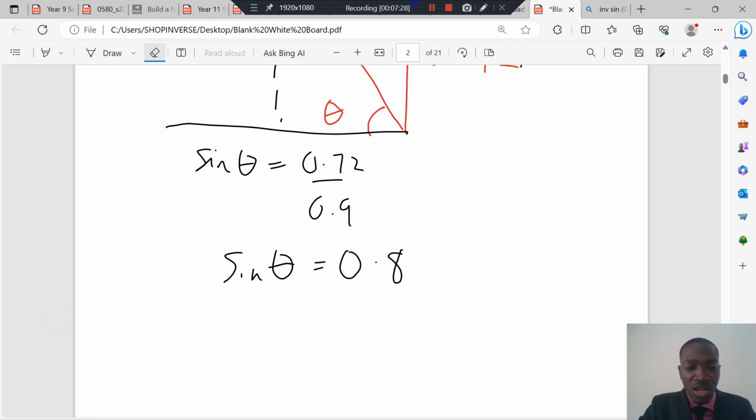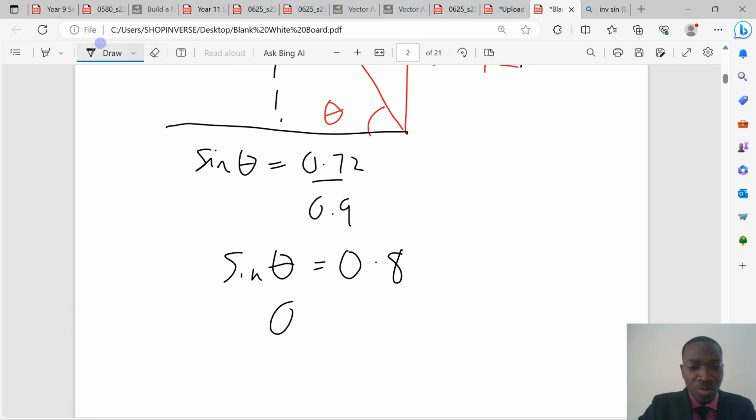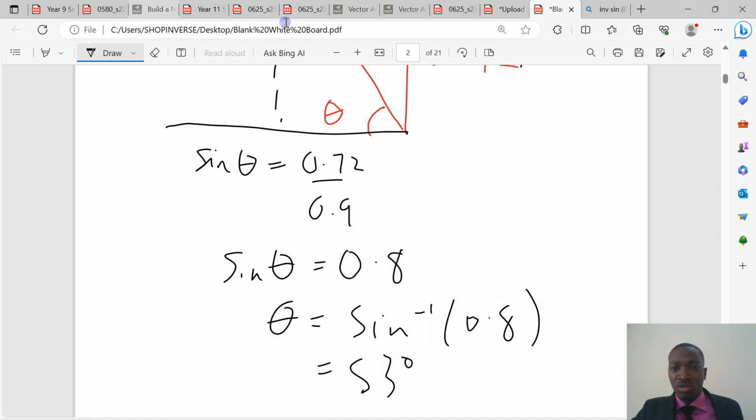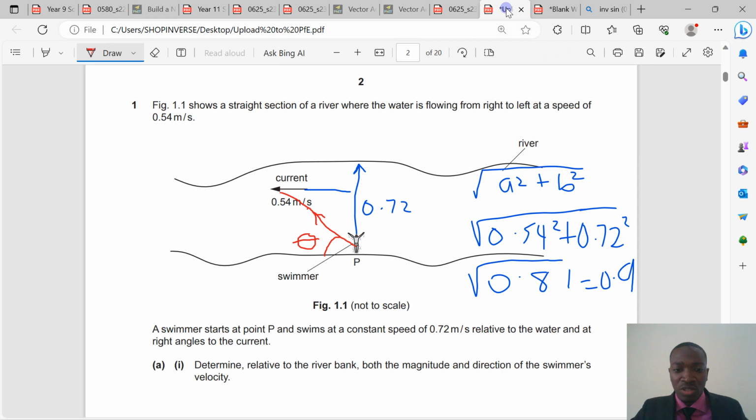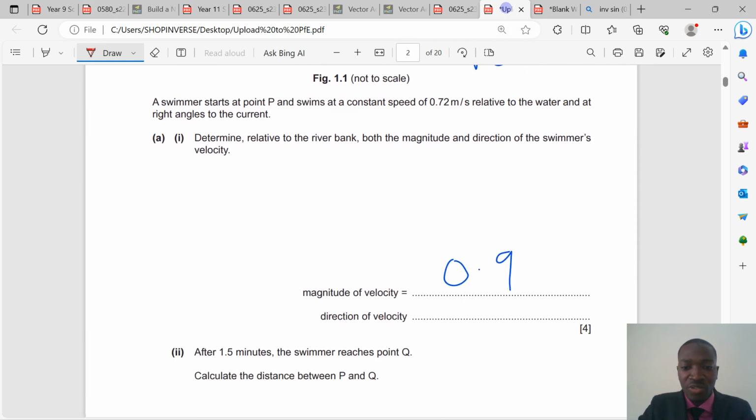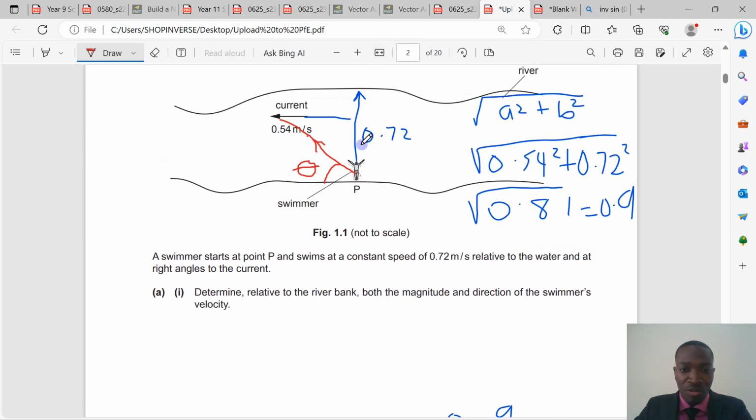So to get theta, theta equals sine inverse of 0.8, and that will give us 53 degrees. That's the direction of the resultant relative to the river bank. So this theta here is 53 degrees.